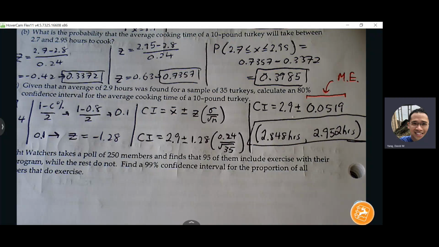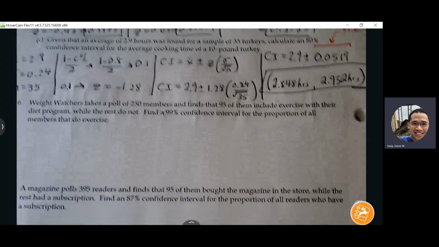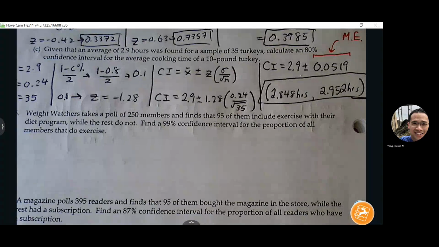So let's see if we can get through all of page 30. Okay, and I'll just work as you guys are working through the problems as well.